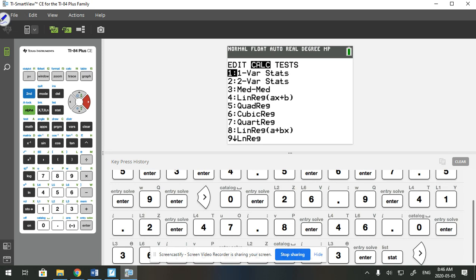You might choose the linear regression, you might choose a quadratic regression, or you might choose a cubic regression, depending on what I'm asking for. And I might ask for the specific one, or you might have to look at the data or the information given and decide which one would be the best one. So we are doing quadratic, that's what we figured out before, so I'm going to go down to the 5th one.